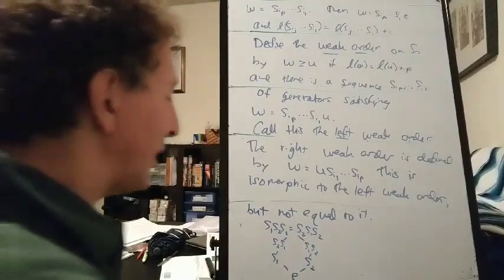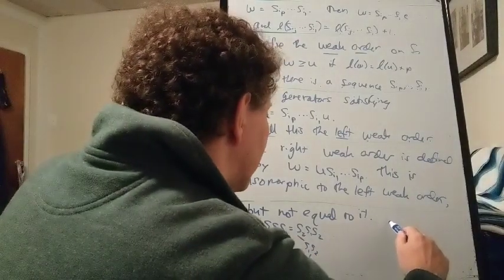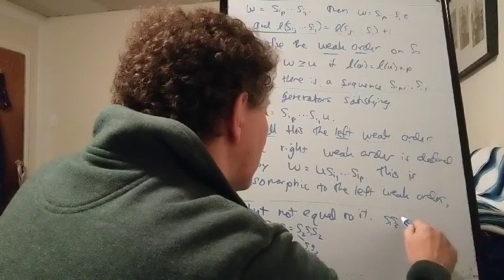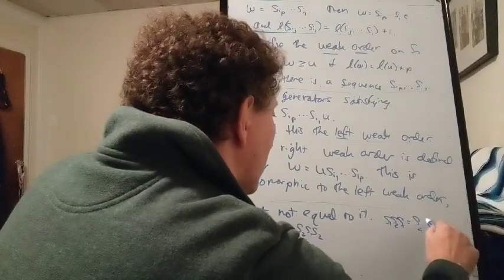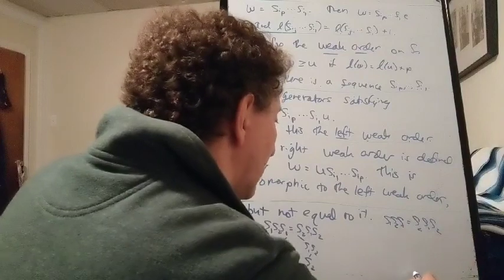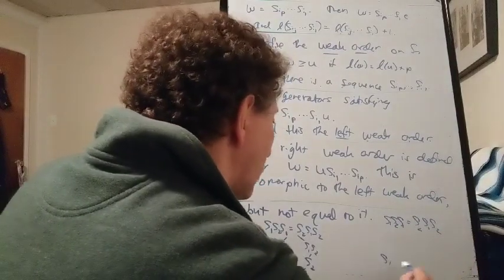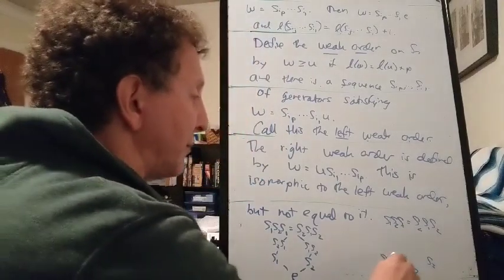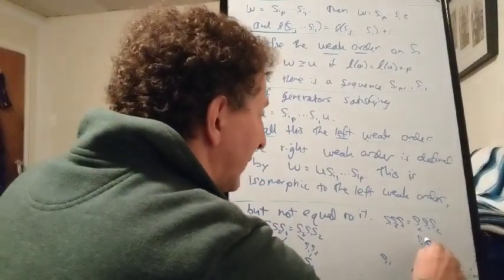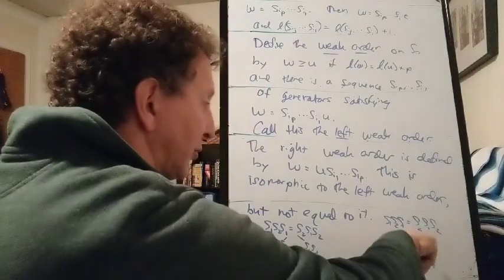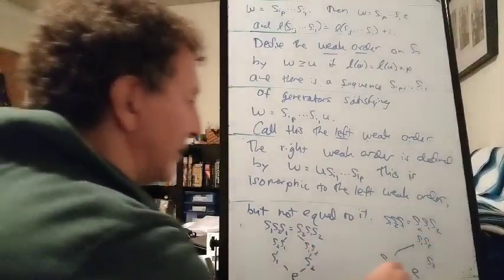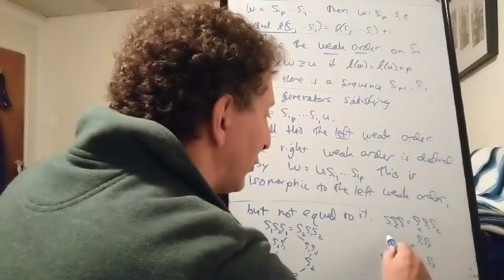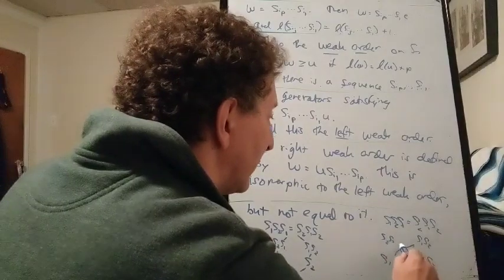But if we multiply on the right instead, we multiply S1 on the right by S2, we get S1 S2. If we multiply S2 on the right by S1, we get S2 S1.